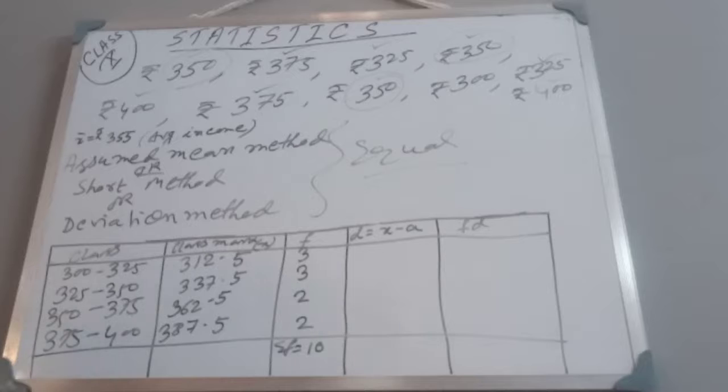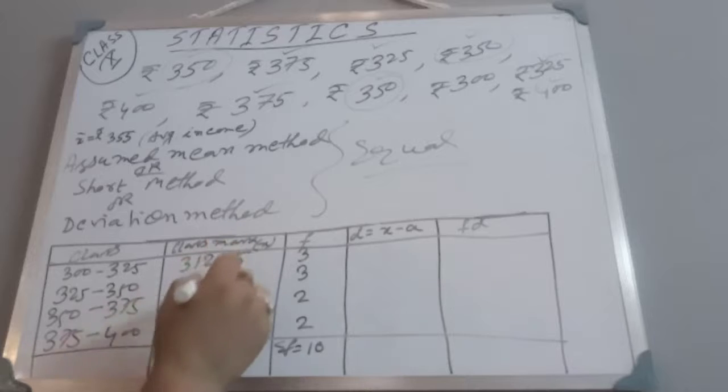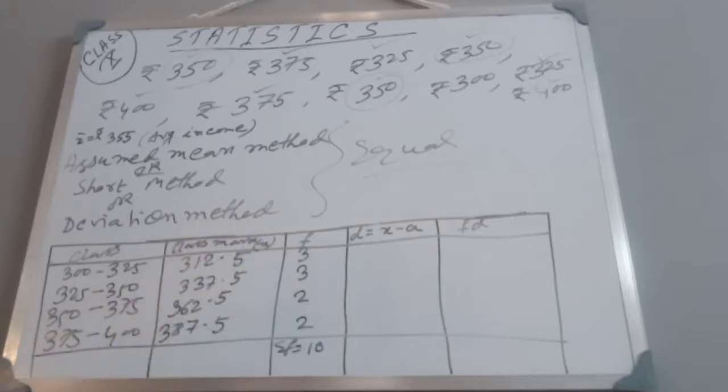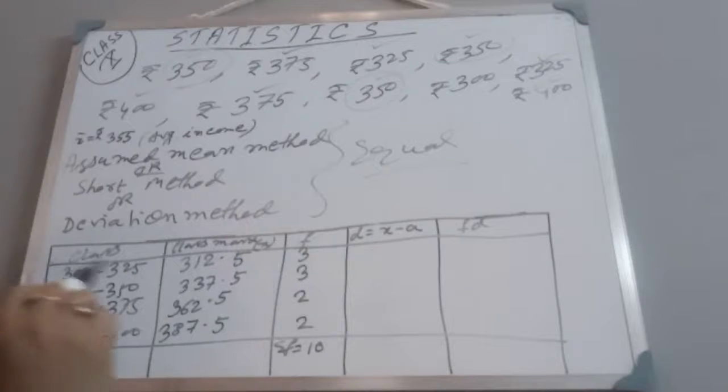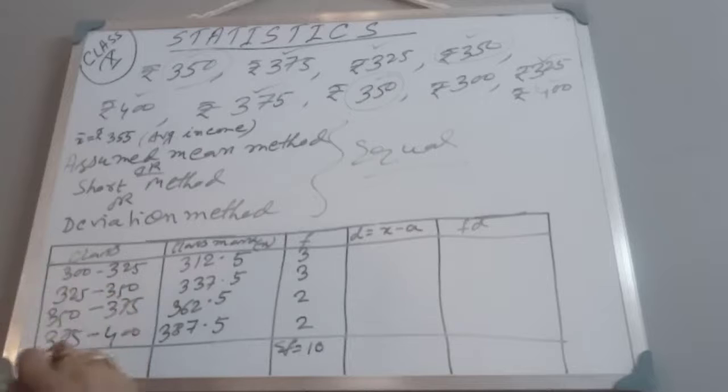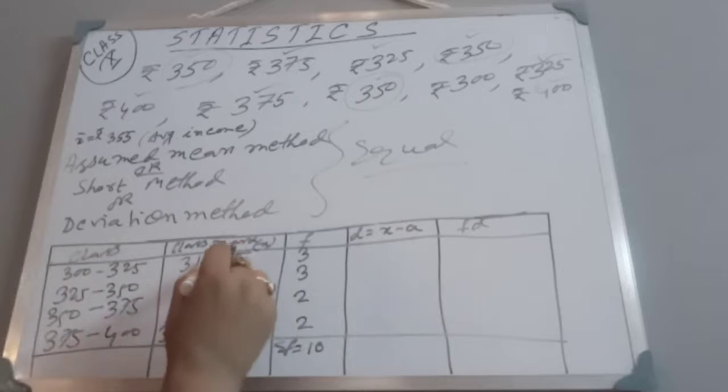Now d equals x minus a. Here a means the assumed mean. From the class marks we will assume the number which is tentatively at the mid position. How many class marks are there? 1, 2, 3, 4.